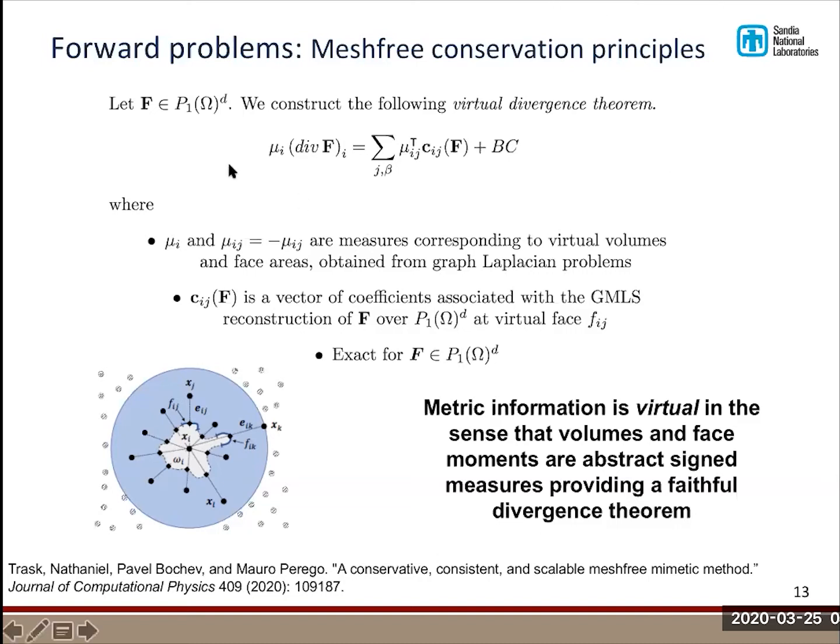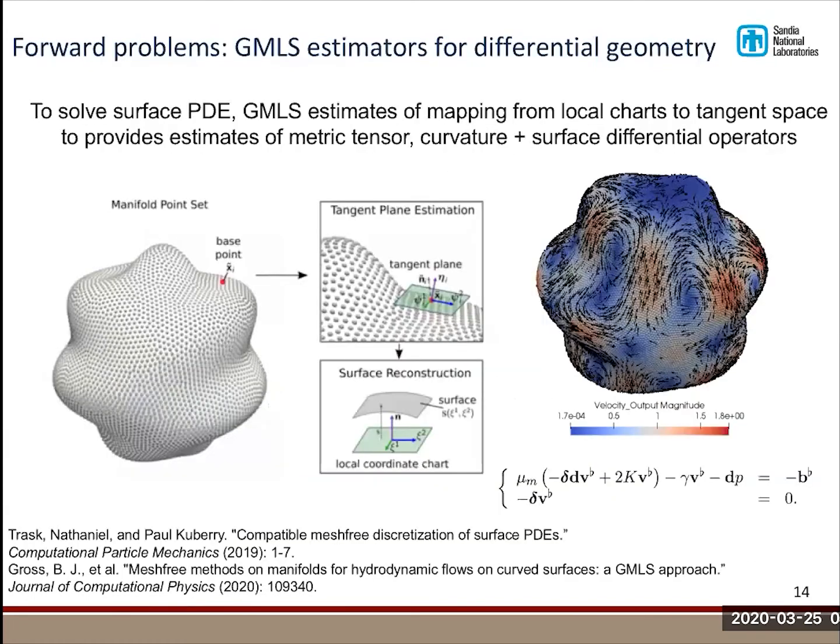So basically what we've worked out is a way to embed point clouds, to endow them with abstract notions of measure, which represent a discrete Gauss divergence theorem. And this metric information is virtual in the sense that there are no actual volumes here. They're just numbers cooked up in such a way that they guarantee conservation of fluxes and so on.